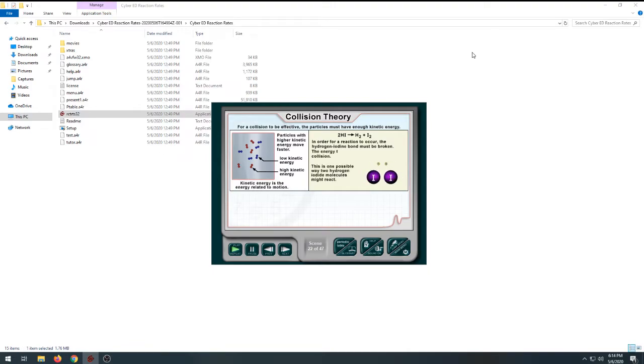It requires a certain amount of energy to break the bond between hydrogen and iodine, and that energy comes from the collision of the reactant molecules. Only molecules that collide with sufficient energy are capable of breaking bonds.